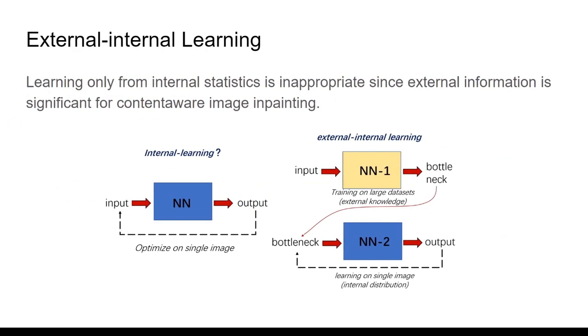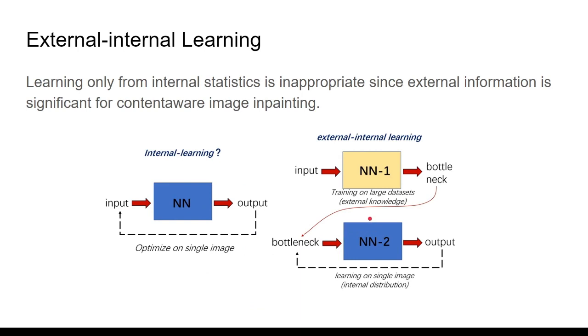So next, I'm going to introduce the concept of external internal learning. As we have mentioned before, learning only from internal statistics is inappropriate, since external information is significant for content-aware image inpainting. Instead of only using internal learning, external internal learning uses two neural networks.